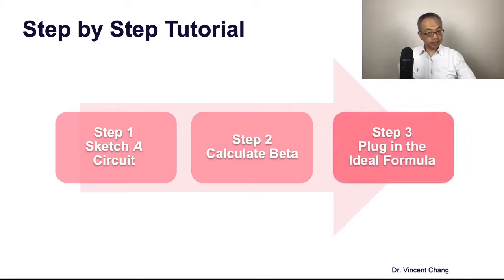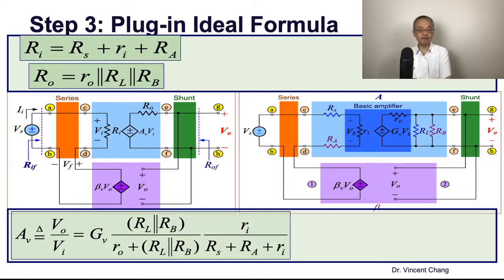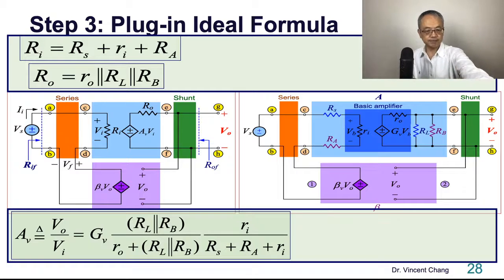Once you get beta, then move on to step 3. Because you have A, you have beta, you have the amount of feedback. Then you can just plug in the result. For the series shunt, the ideal case, you just plug in the result. I explained this in the previous lecture.